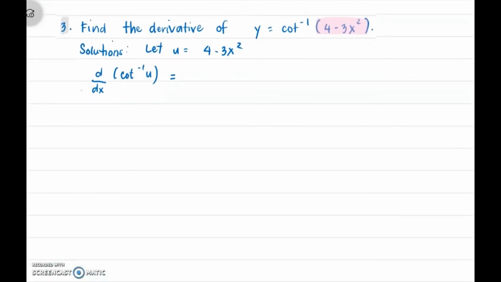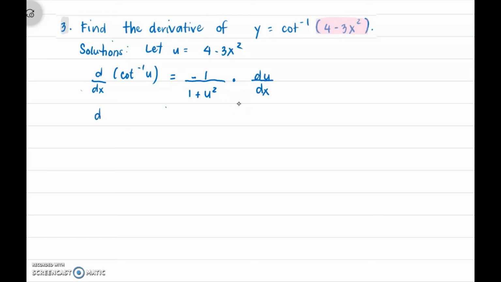So let's go back. So that's negative 1 over 1 plus u squared times the derivative of u with respect to x. Now we can substitute u to the formula.